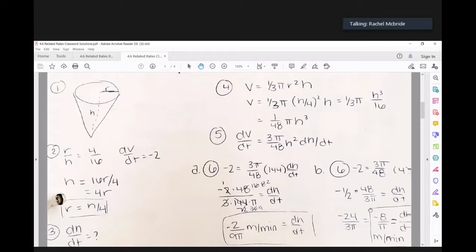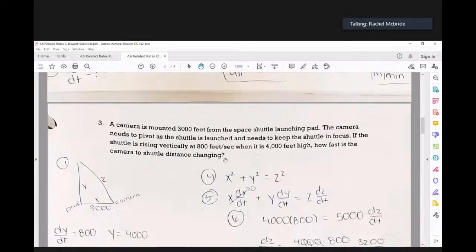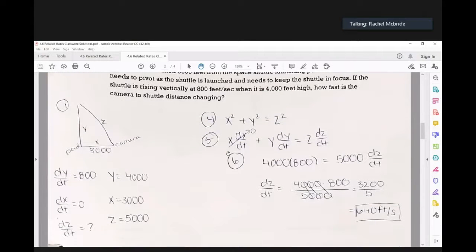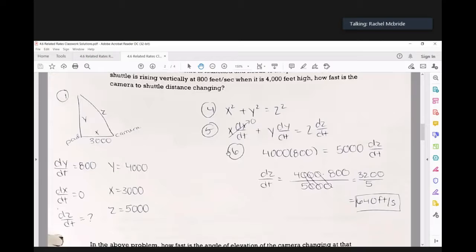Okay, and then I really like the camera questions. So the camera question on that review packet was really nice because it led into a second question. So first you had to find how fast the camera to shuttle distance is changing. So you found dz/dt.